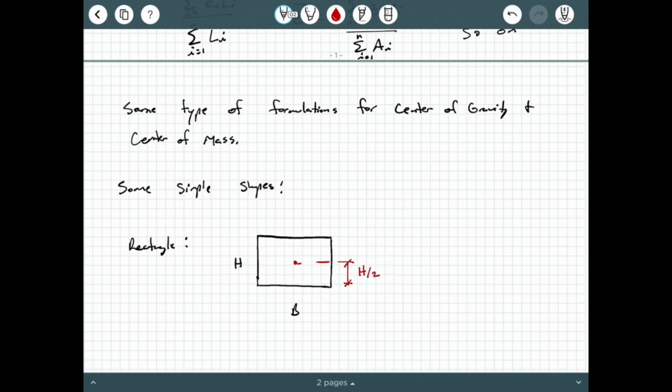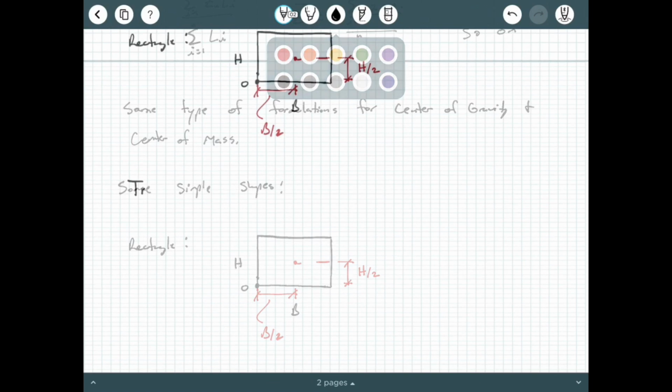So it's going to be located at H over 2, and at B over 2, referenced from some origin.